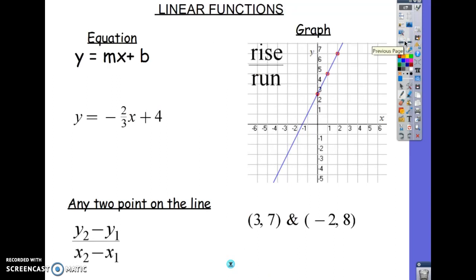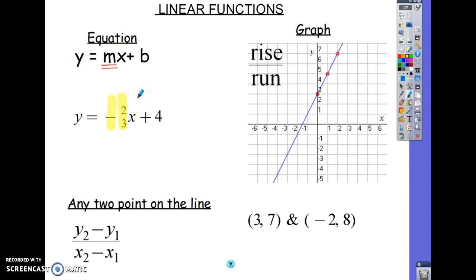So we can find a slope from an equation, from a graph, or we can find it if we're given 2 points. If we are looking at an equation, remember our formula y equals mx plus b. Since m is our slope, to find the slope in an equation, all we do is look for what is in the spot of our variable m.